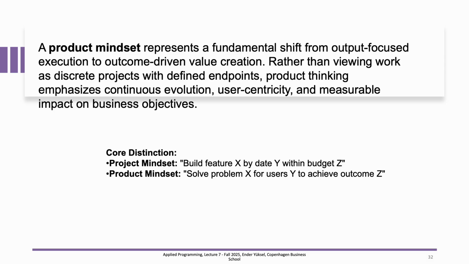Here is a core distinction. When we have the project mindset, it can be such as build feature X by date Y within budget Z. But when we have the product mindset, we will most likely look at it as solve problem X for user Y to achieve outcome Z.